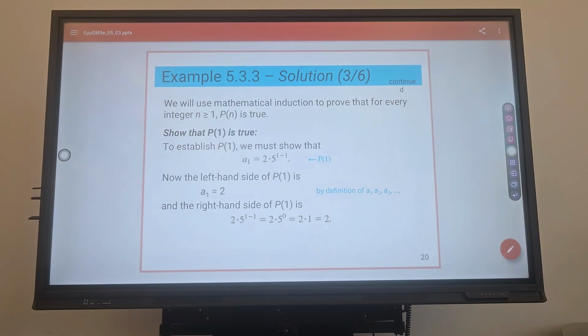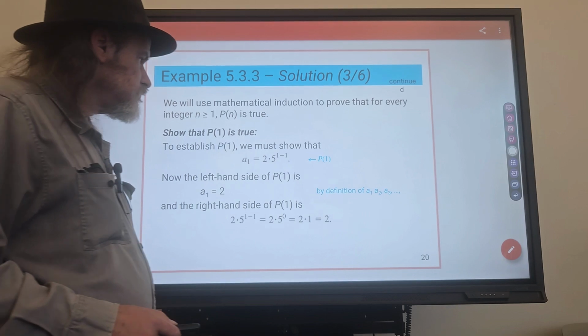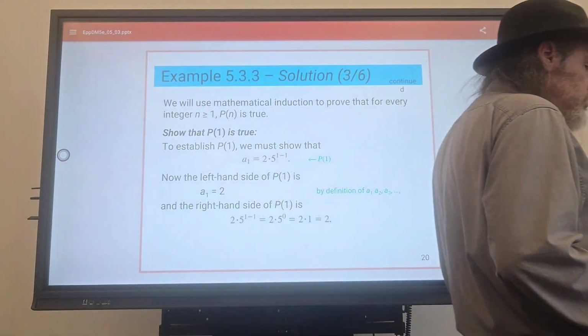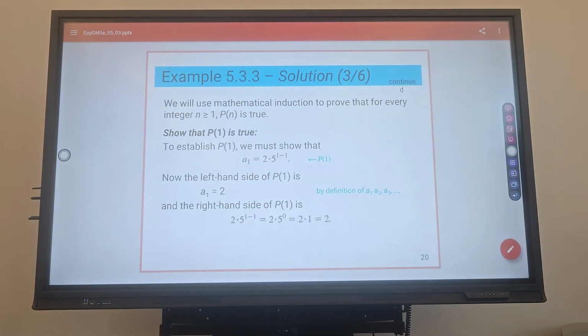And it is, because 5 to the 1 minus 1 is 5 to the 0, which is 1, and 2 times 1 is 2, so there you go. It's equal to A1 as defined, coming from the definition of the sequence.